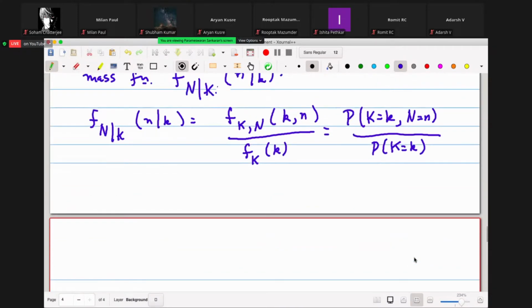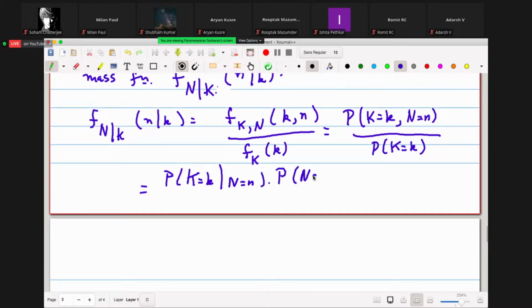So this is equal to, as we did before, the probability that K equals k given that N equals n, times the probability that N equals n, divided by the probability that K equals k.